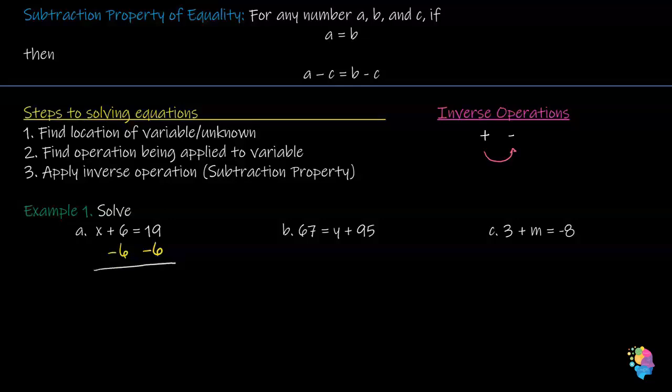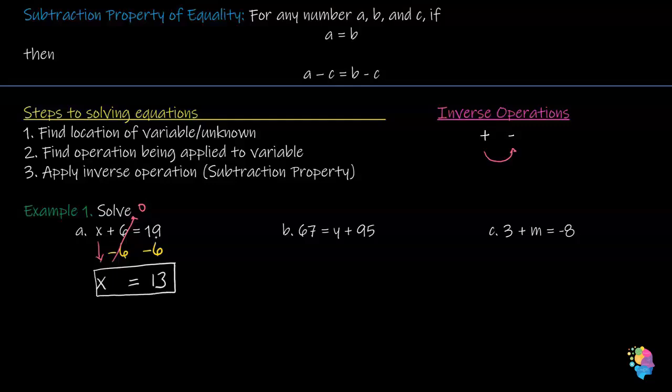So from left to right, we bring down the variable. And now 6 minus 6, since they have different signs, we're going to subtract. So 6 minus 6 will add up to 0. And on the right side, I have 19 minus 6, and that is equal to 13. So then the solution for this equation is x is equal to 13.